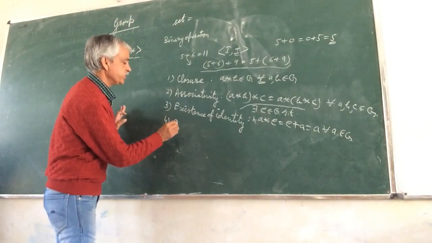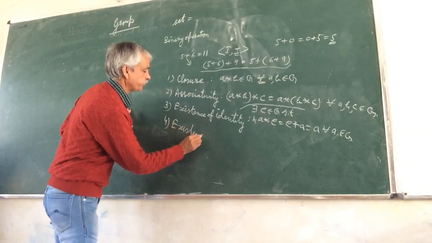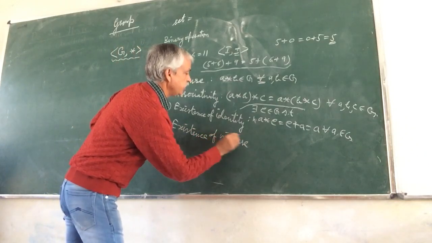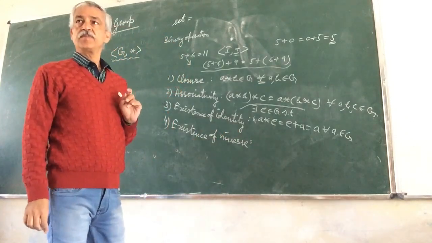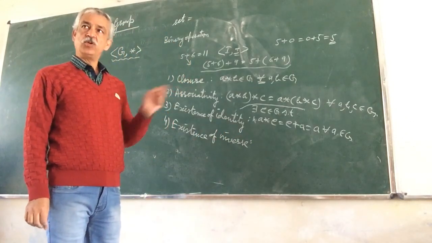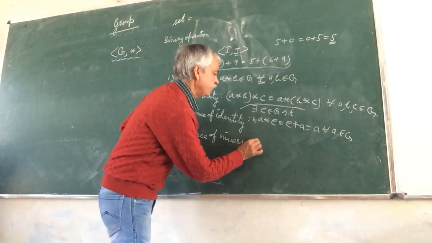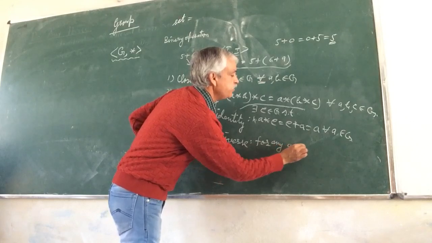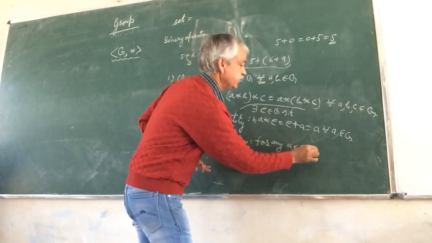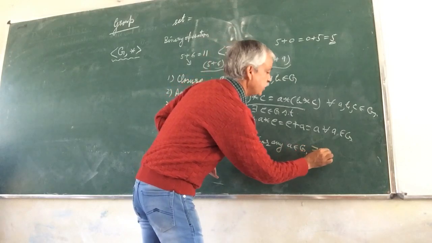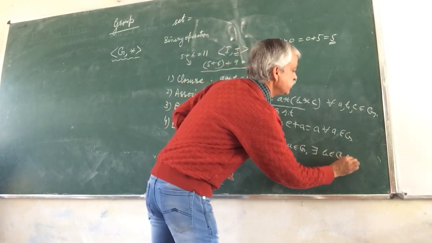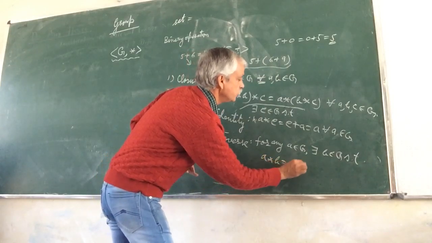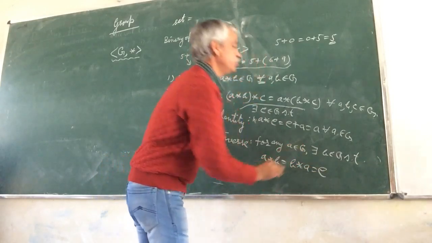The fourth postulate is existence of inverse. Symbolically we can say for any element A belonging to G, there exists an element B belonging to G such that A star B is equal to B star A is equal to the identity element.